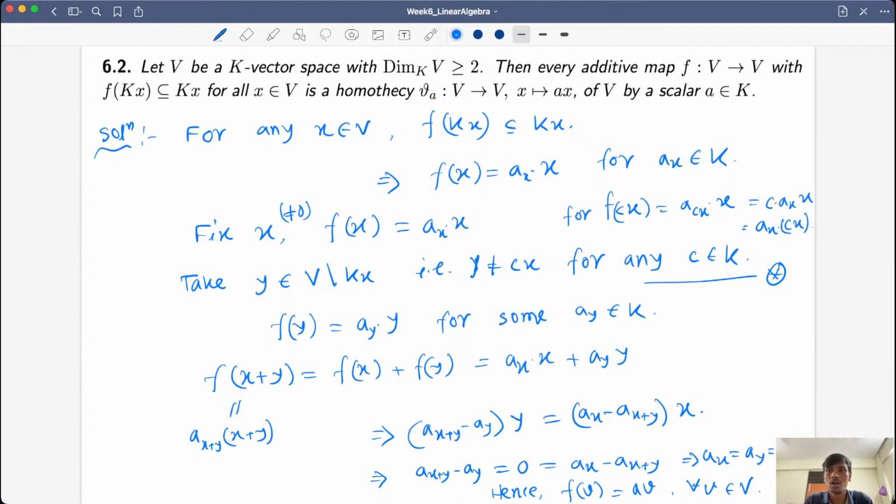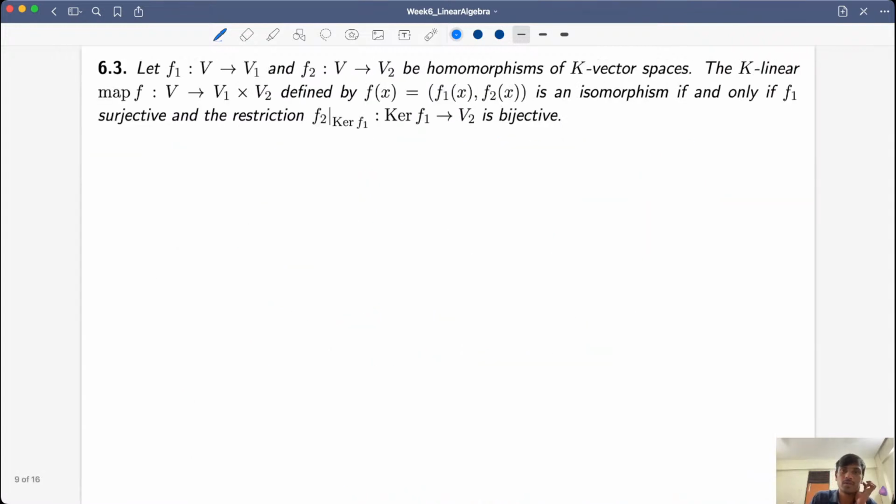Okay, so let me just briefly state the next problem. If you have two homomorphisms of k vector spaces f1 and f2, from v to v1 and v to v2, then the k-linear map f defined from v to v1 cross v2 is just pointwise: you take f1 x, f2 x.